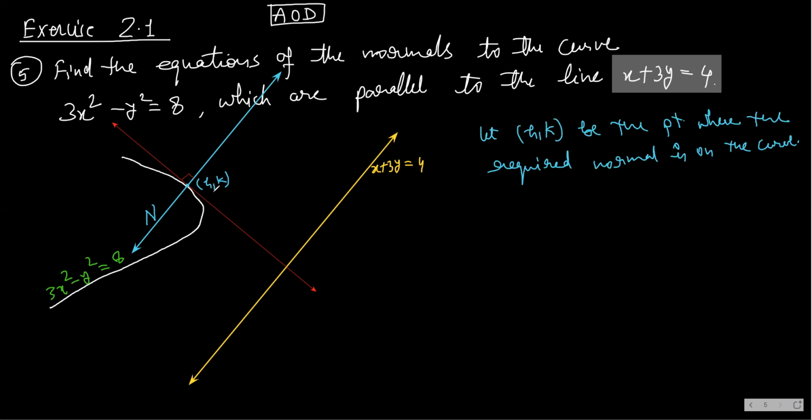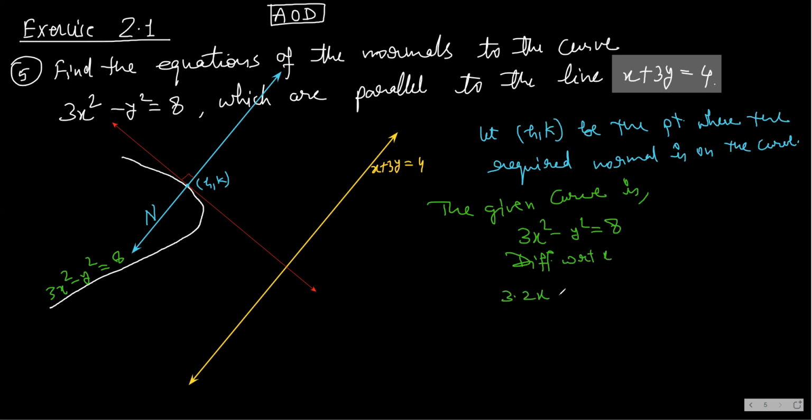Now, let me differentiate this curve. The given curve is 3x square minus y square equals 8. I differentiate with respect to x. 3 is a constant.